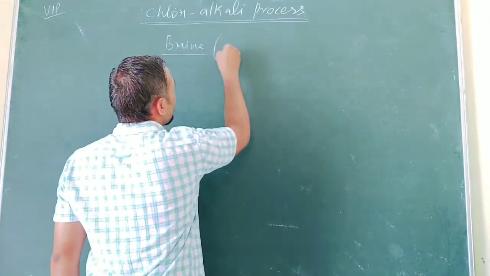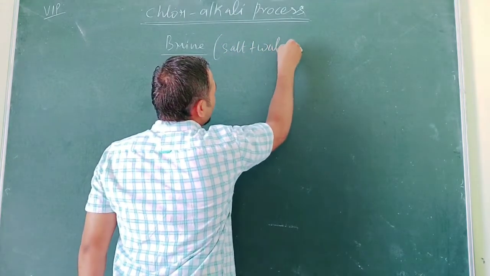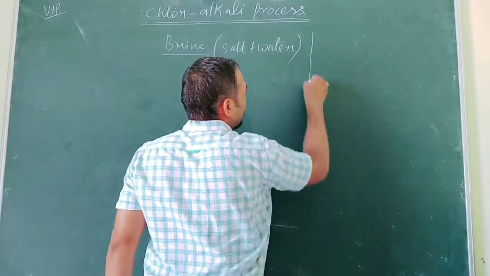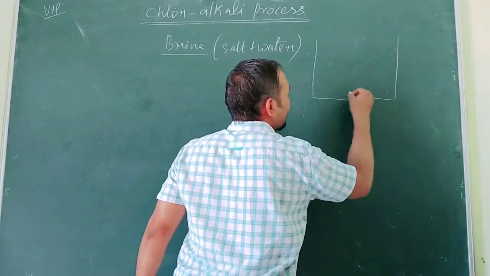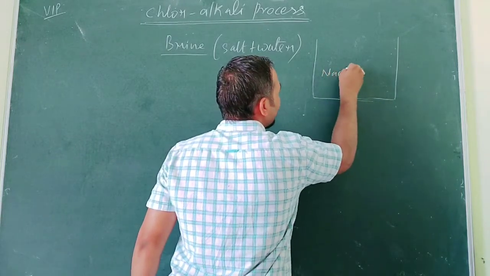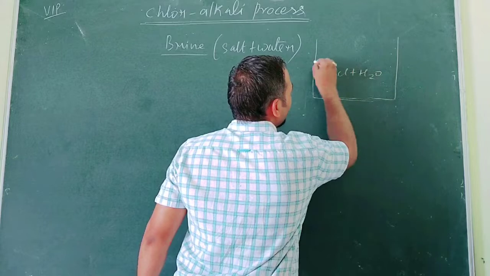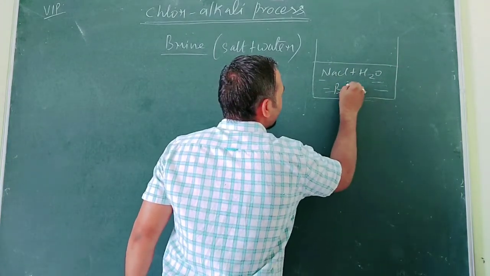It is a mixture of salt plus water. Simply, don't worry about it. You need a setup where sodium chloride is dissolved in water, right? So this is the brine.